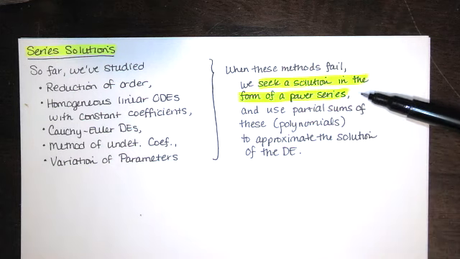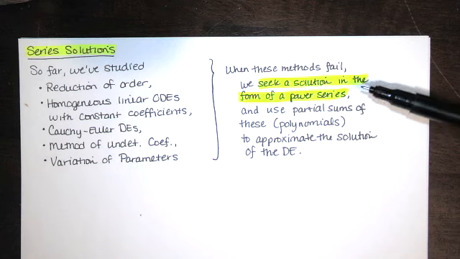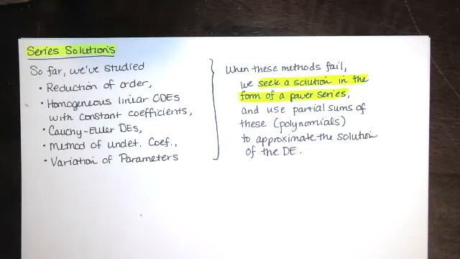Now, if you remember from Calculus 2, power series are infinitely long. We can think of them like infinitely long polynomials. We're not actually going to find all of the coefficients of those infinitely long polynomials. When solving a differential equation using a power series solution method, we typically just find the first few non-zero terms of various power series solutions.